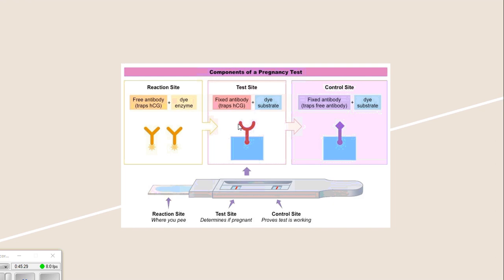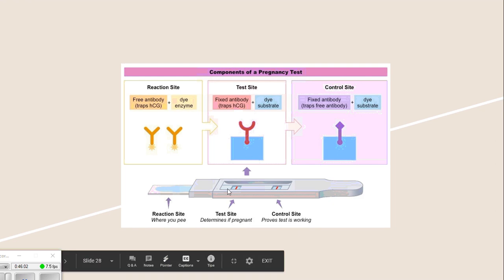At the test site, you have this particular type of antibody that is now fixed in this area. This will trap this whole complex, or it'll trap the HCG. If it does trap that, a reaction occurs that will come up as a line.